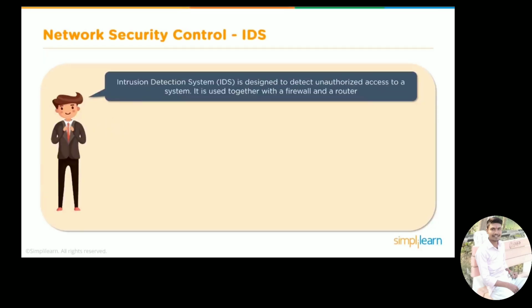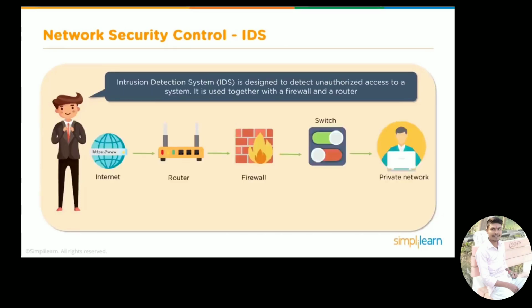Similarly, an intrusion detection system is designed to detect unauthorized access to systems or intrusion attempts as well. Now, it works along with the firewall, and the main thing is that there's a database against which it can compare the traffic. Most of the attacks that we have talked about have some distinct signatures that would cause concern or highlight that kind of attack.